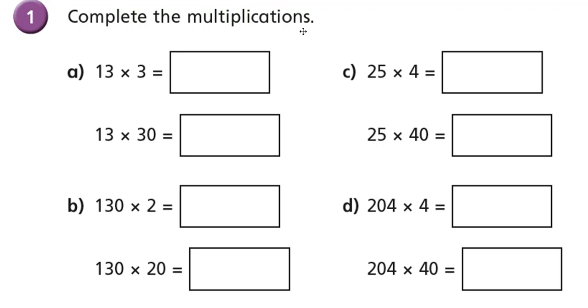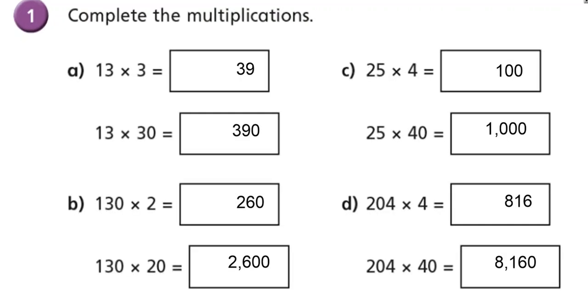If you haven't got some paper, go and get some now. Pause the video, have a go. Okay, so let's have a look. So 13 times 3 is 39, 13 times 30, 390. You can see the pattern. Each time we're going to make it 10 times bigger.